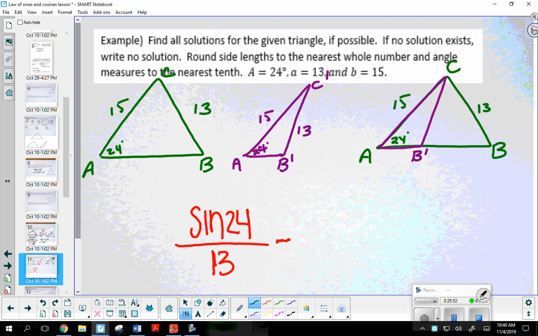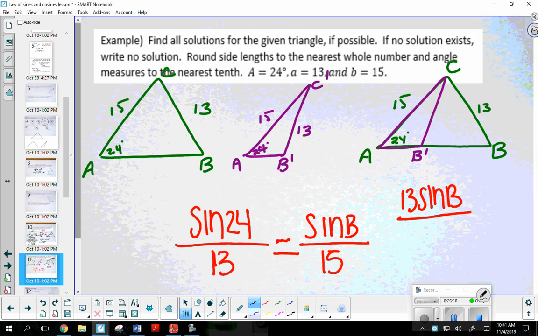Perfect. No, you're right. Okay. Sine of angle B over 15. Perfect. So 13 sine of B.